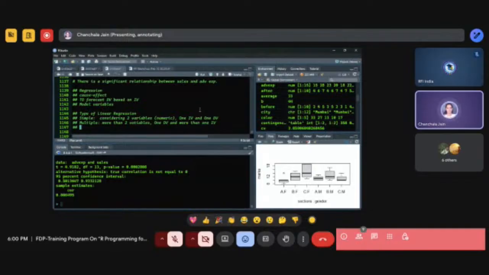And in case of multiple linear regression, your dependent variable will be numeric and independent variables will be categorical or numeric or both. Because we are having multiple independent variables, it is possible maybe one variable is numeric, one variable is categorical. Likewise, maybe all categorical, maybe all numeric. Such kind of combinations are possible when we are talking about the independent variables in multiple linear regression, right?